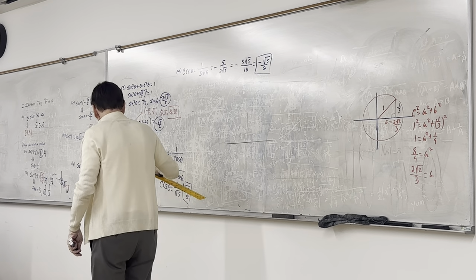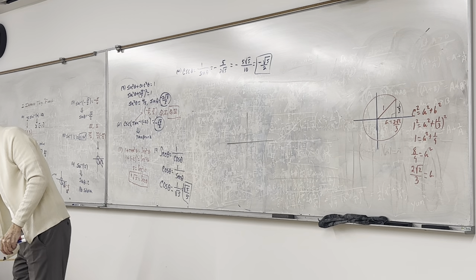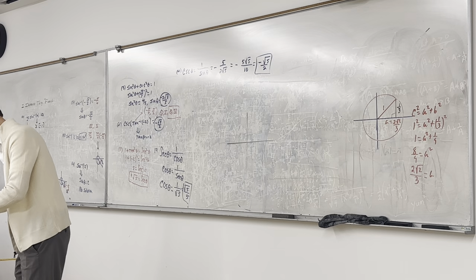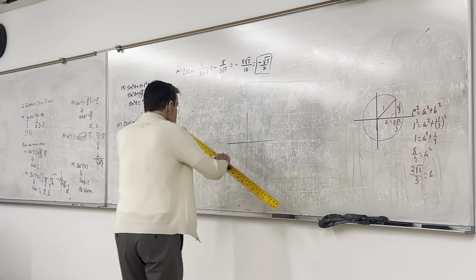Guys, go back to the beginning. Tan is -2, and we're in quadrant 4. David, if I sketch this, I'm in quadrant 4, down here.